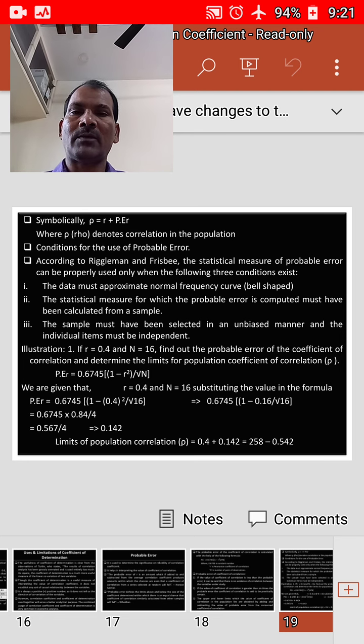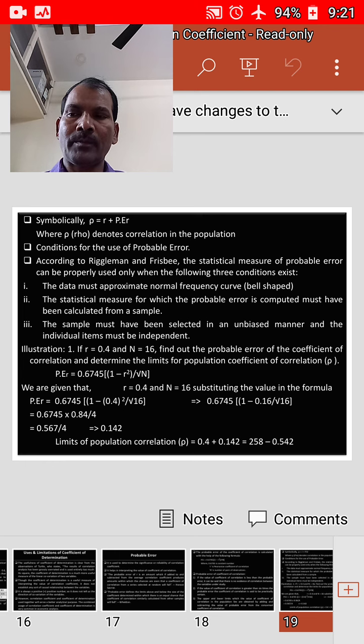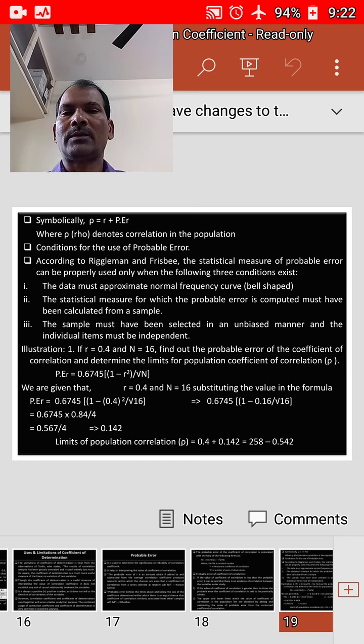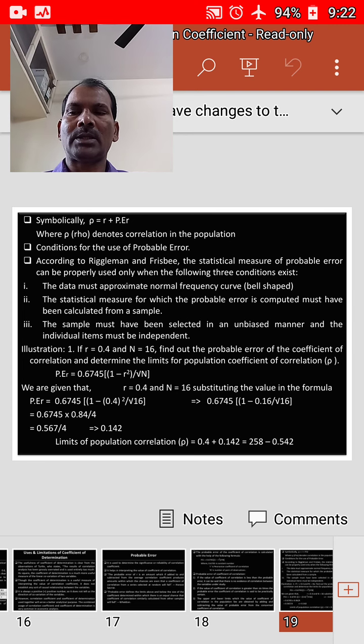And the second, the statistical measure for which the probable error is computed must have been calculated from a sample. Third one is the sample must have been selected in an unbiased manner, and the individual items must be independent.